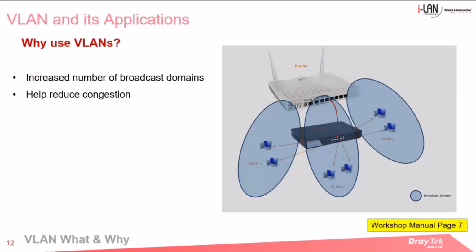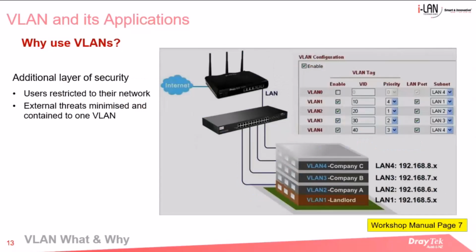One of the benefits of using VLANs is that it can increase the number of broadcast domains. This will reduce the network congestion and improve the network performance. VLAN can also be used to create logical groups and allow communications between the required subnets.